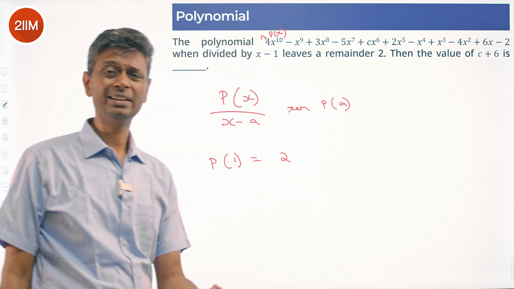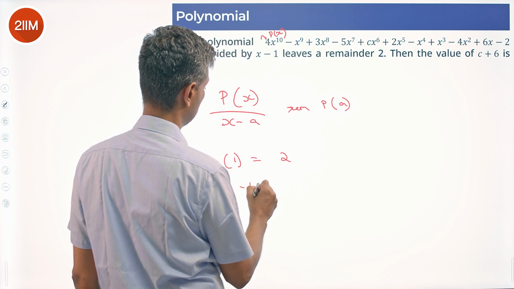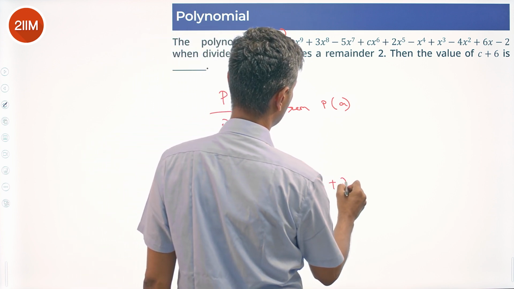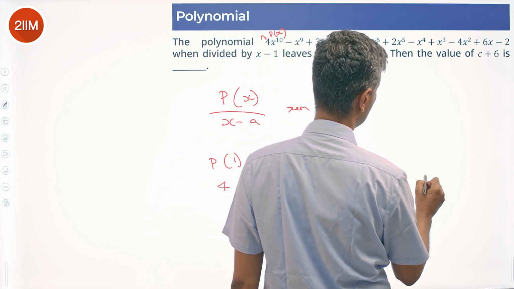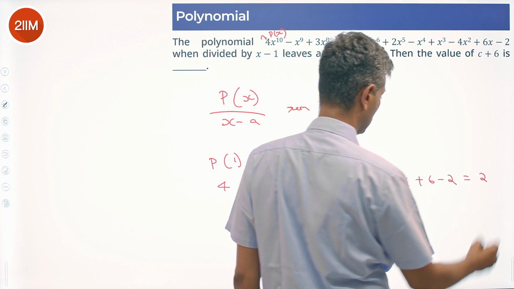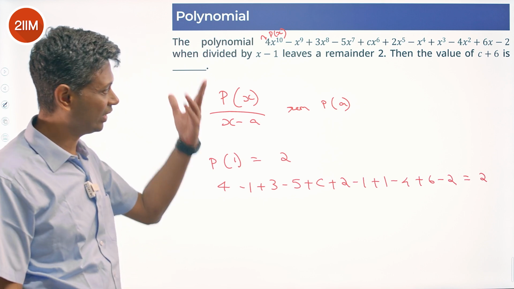P of 1 is very easy to calculate, only the coefficients: 4 minus 1 plus 3 minus 5 plus c plus 2 minus 1 plus 1 minus 4 plus 6 minus 2 is equal to 2. Solve this, get c, and then find c plus 6.